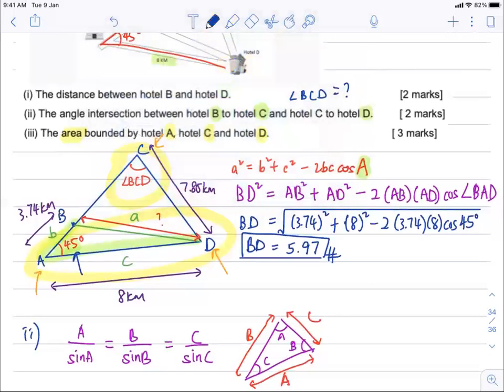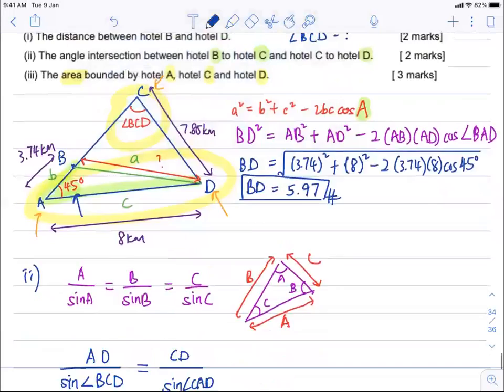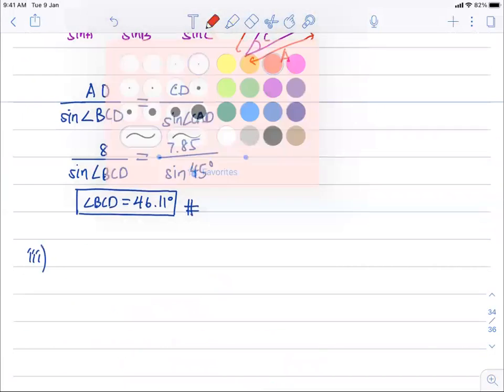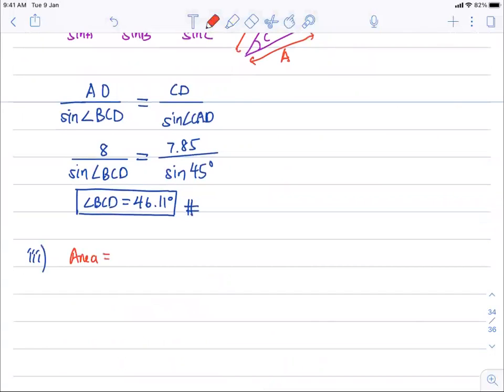So to find the area for the whole triangle, we can use this formula. Area equal to half ab sine C. This formula works for a triangle that looks like this, a, b, this one is angle C. So we can apply this formula onto our question.